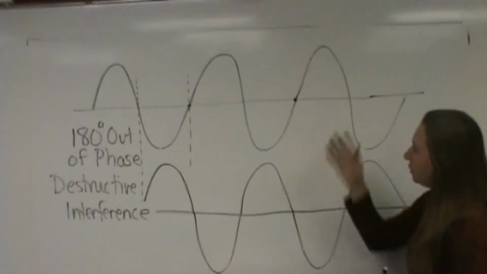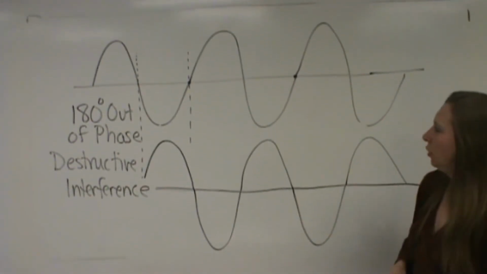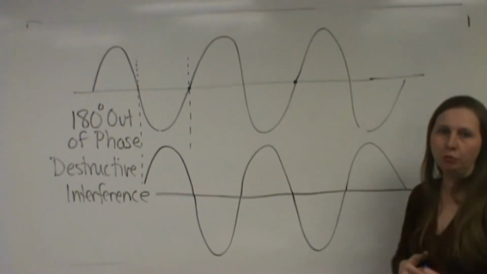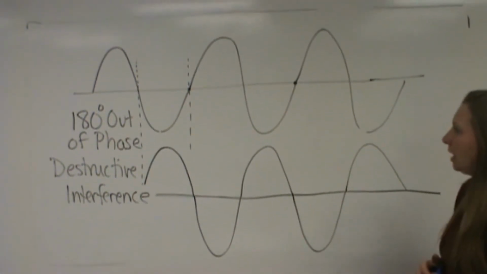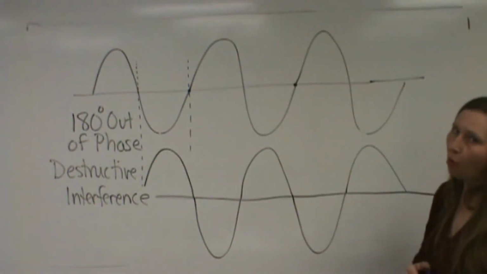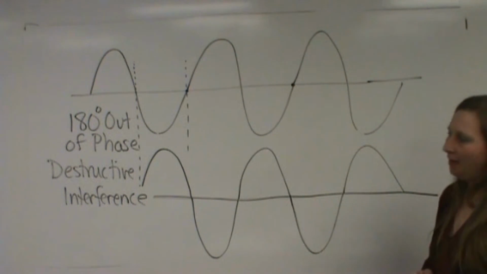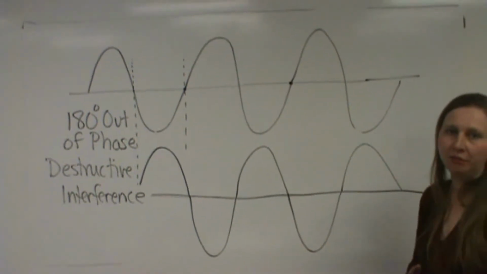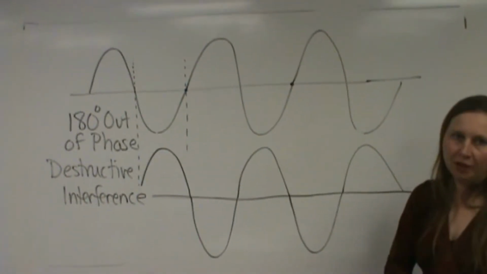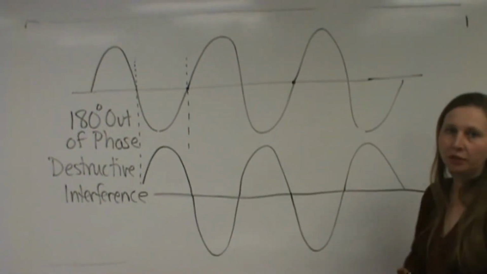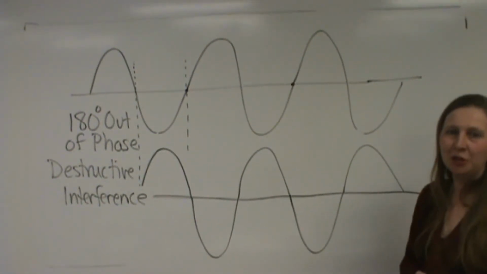As a matter of fact, these two, from the way I've drawn it, will completely cancel each other out, and the amplitude will be 0. In other words, you won't see the light or you won't hear the sound. Okay? So this has been a fairly extensive discussion of in phase and out of phase with a little bit of constructive and destructive interference thrown in for good measure.